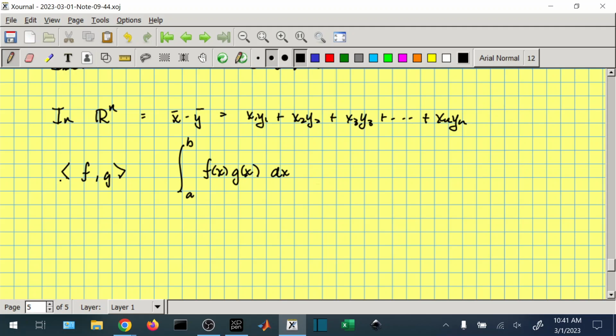And we're going to use a different notation because it's an abstract vector space. We're not going to write f dot g. We're going to use angle brackets, and this is the inner product. Well, what's the inner product of cosine mx and cosine nx?